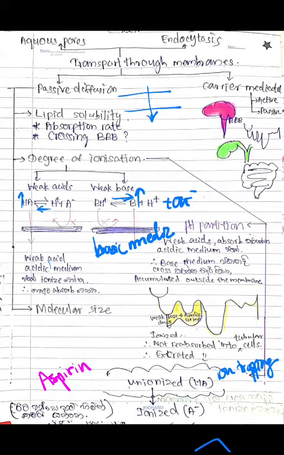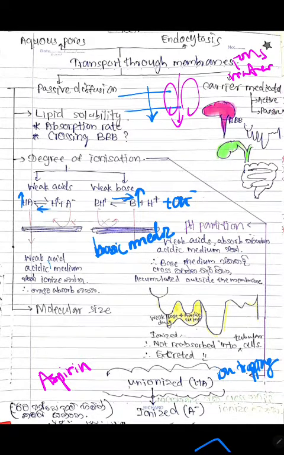Now, what's left is carrier-mediated transport. It is of two types, active and passive. Active uses energy, passive does not use energy. Carrier-mediated transport always occurs through proteins, and mostly water soluble things and ions go through these protein pores.